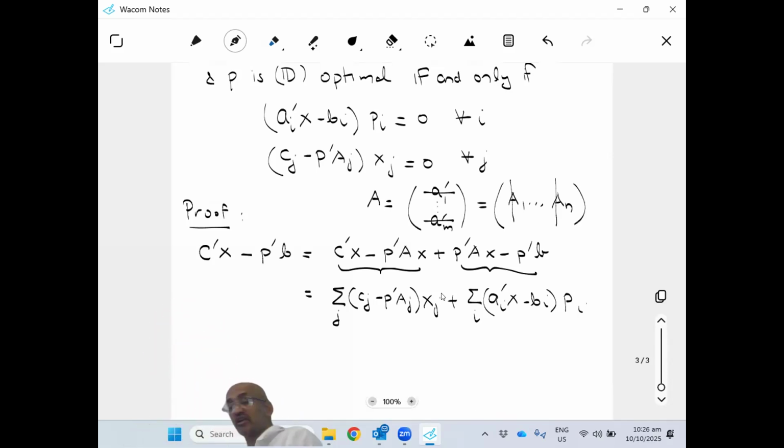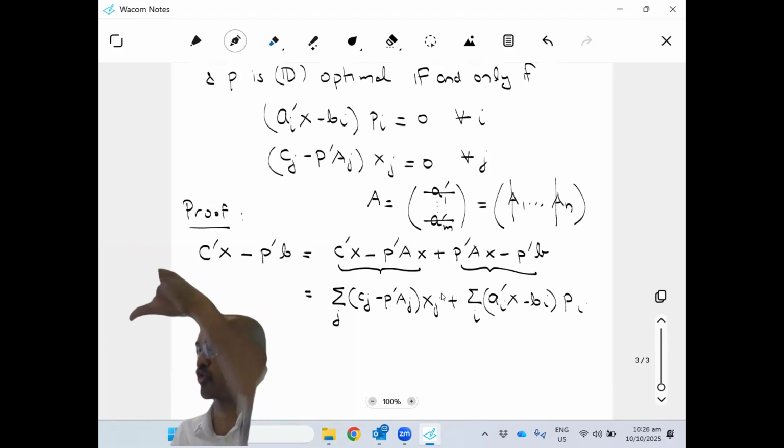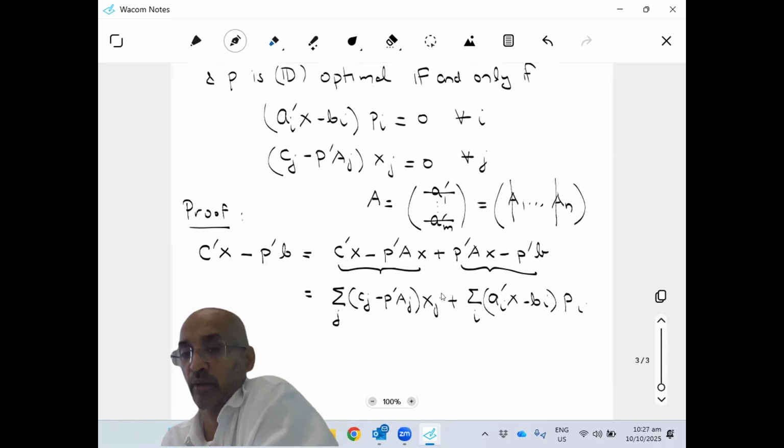You should get comfortable going between matrix, row and column forms. Here I'm using the column form. Here I'm using the row form. It's the same matrix.